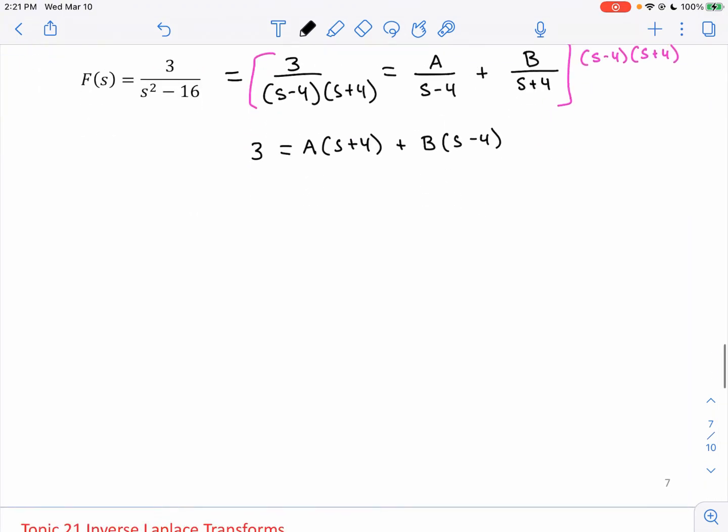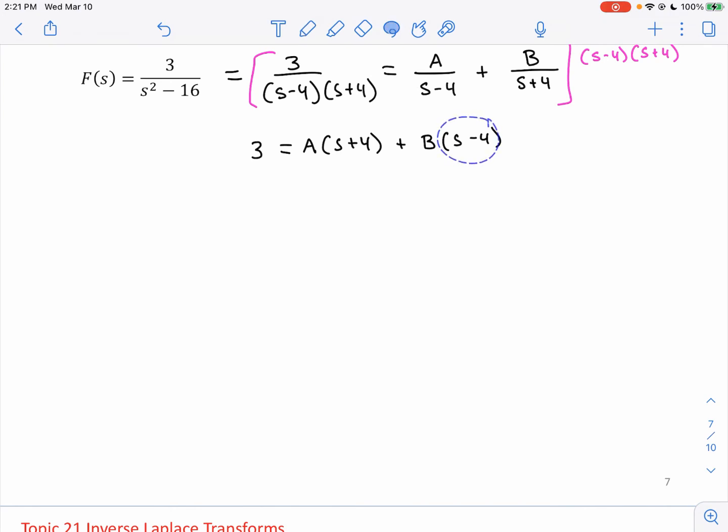Now from here, I want to show you two basic methods for finding A and B. The first method is to pick choices of s so that some of our unknowns will cancel. In other words, if you pick s to be 4 and just plug s equals 4 into the statement, then the B will cancel. So choose s to be 4 and rewrite the statement.